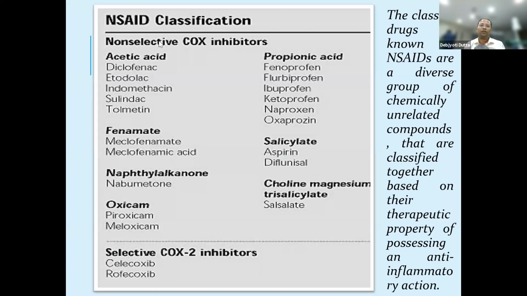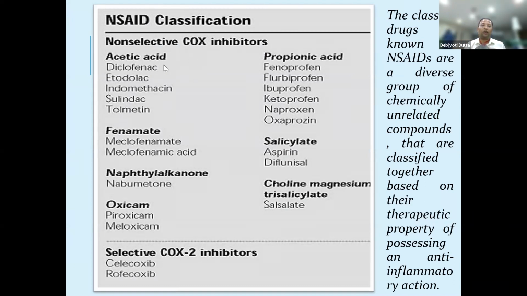NSAID classification. There are many different types of NSAIDs. Why is it needed? Because there are different diseases, say spondyloarthropathy. When you use an acetic acid derivative, say diclofenac, you give the drug to the patient for a 1 month trial to see whether the drug acts or not.